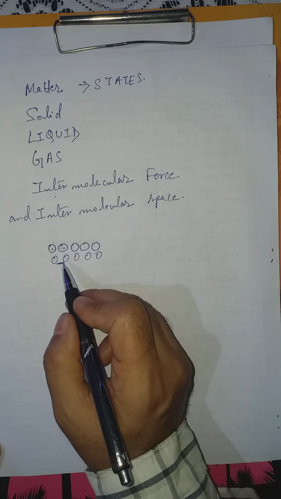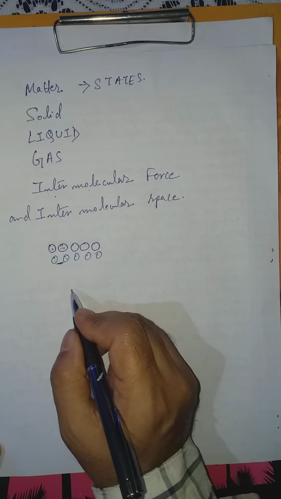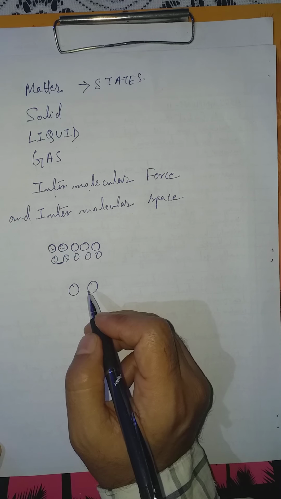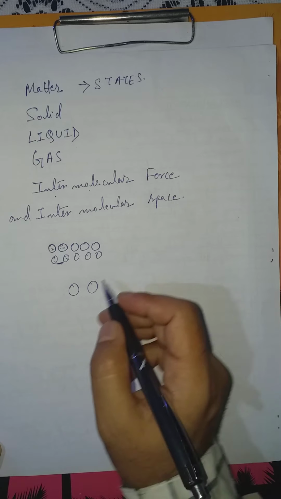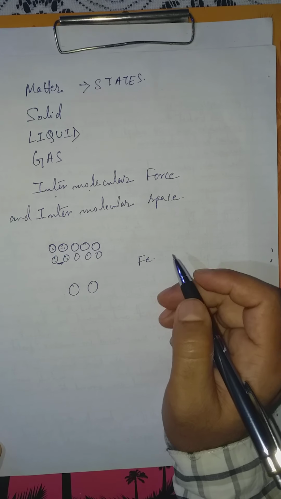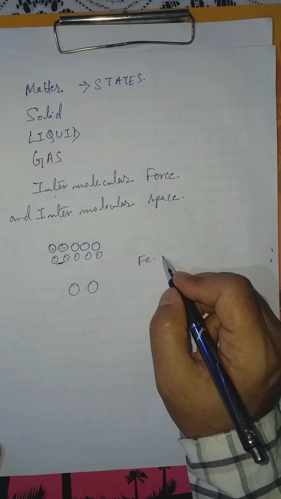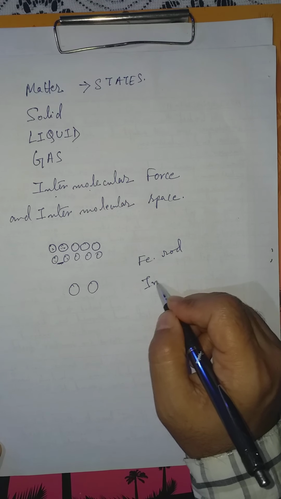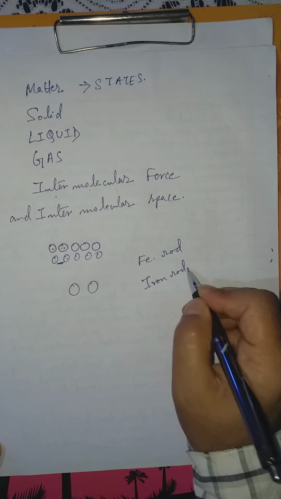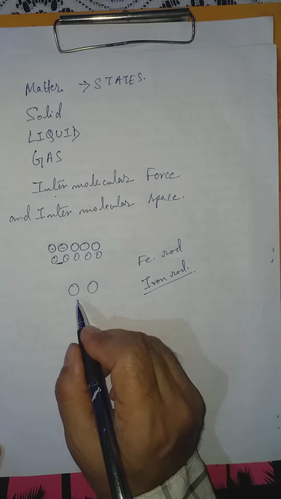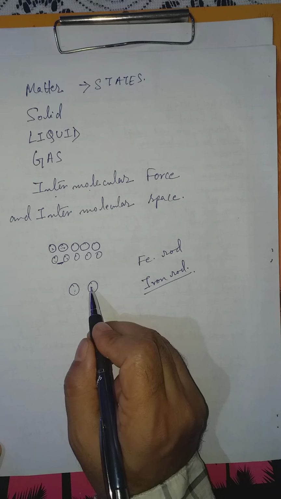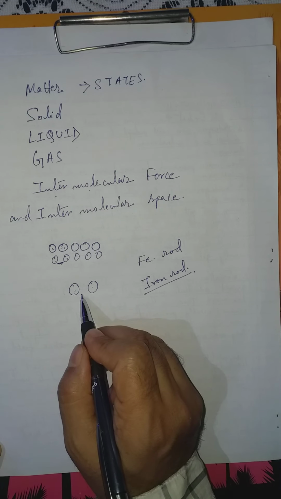In case of solid, suppose you take the example of an iron rod. Fe stands for iron. Here you can see the molecules of iron are so close that the intermolecular space is very less.